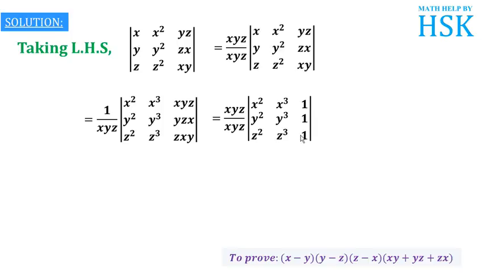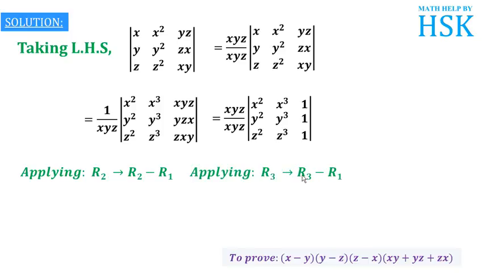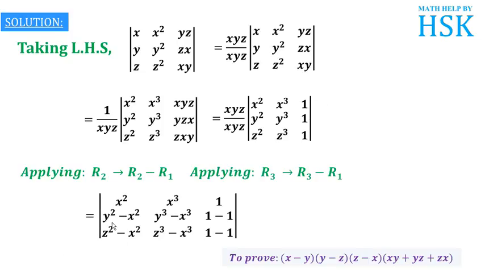Now I can make two elements of column 3 equal to 0 by applying R2 changed to R2 minus R1 and R3 changed to R3 minus R1. Applying this, I obtain the first row as it is: x square, x cube, 1. The second row will be y square minus x square, y cube minus x cube, and 1 minus 1.